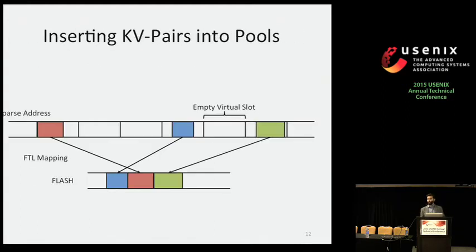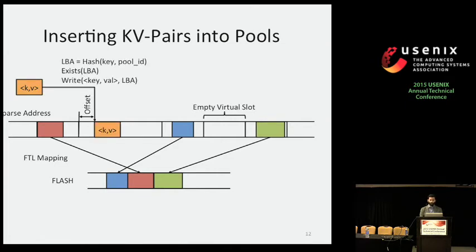So how does it work if we were to insert a key using pools? Here we have a similar diagram. When we want to insert a new key-value pair, as before we hash, but now using both the key and the pool ID. We check if there's something there, and now we write. But notice that instead of writing the key-value pair at offset 0 of the virtual slot, we're writing at an offset.